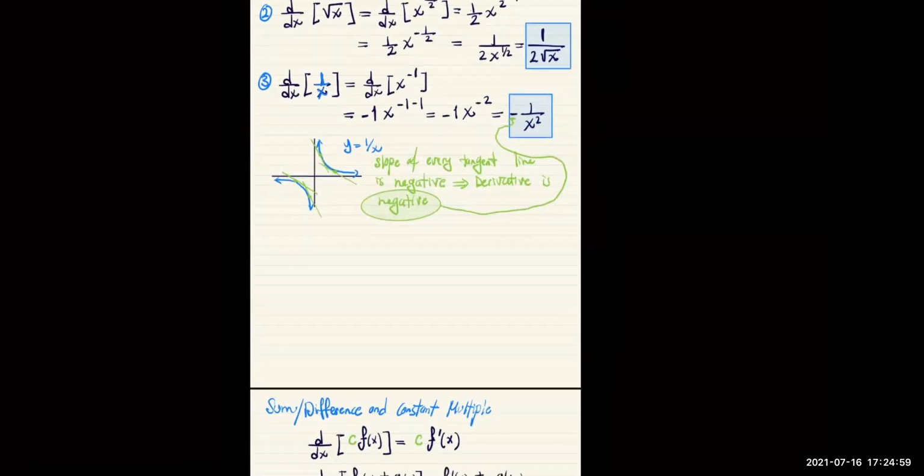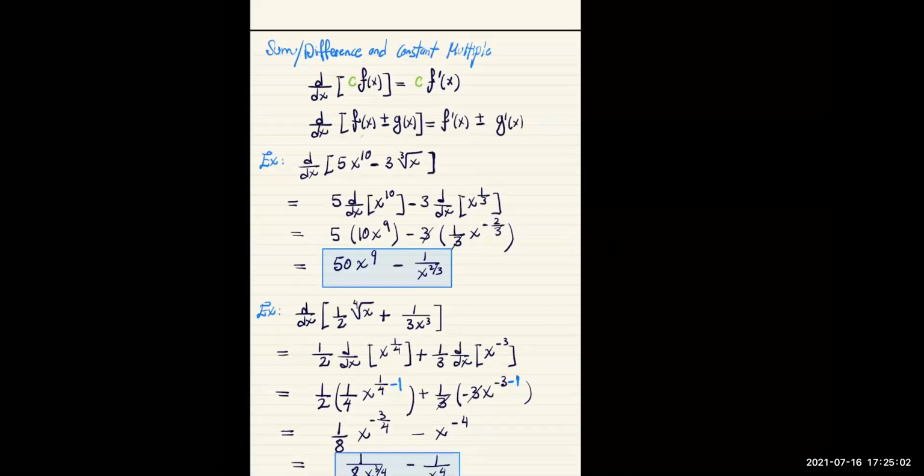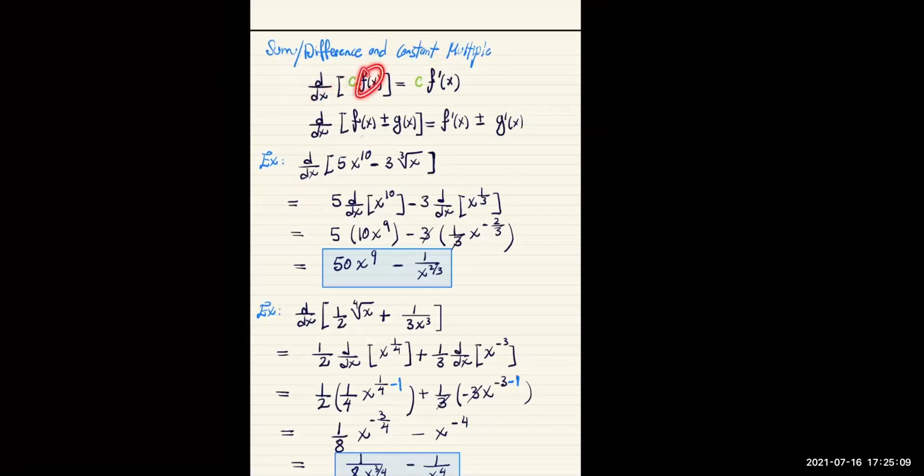Let me show you some stuff. Right here, for instance, this says that if you have the derivative of some constant times a function, you can just put the constant out front, times the derivative of the function. Or if you have the derivative of two functions being added or subtracted, just take the derivative of each and add or subtract the results. We were able to apply those rules to expressions with multiple terms. We just ignore the constant, put it in front.